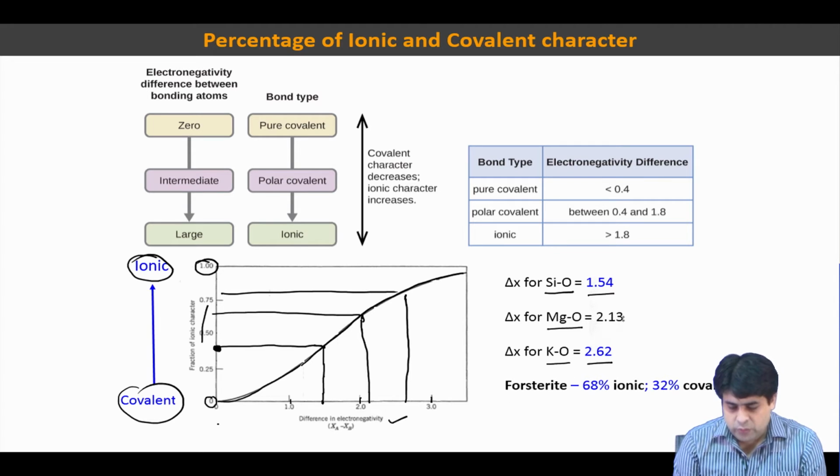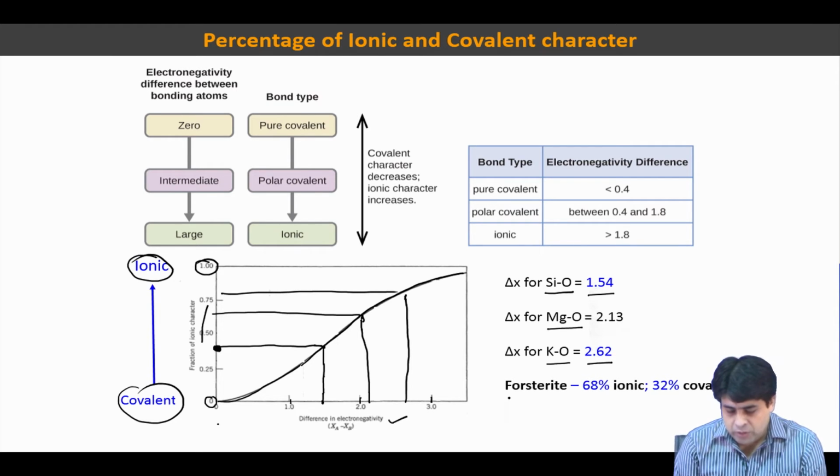So, if you see most of the cations, when combined with oxygen in the crust and the mantle, it will have a mixed kind of bonding. It will have an ionic and covalent character.